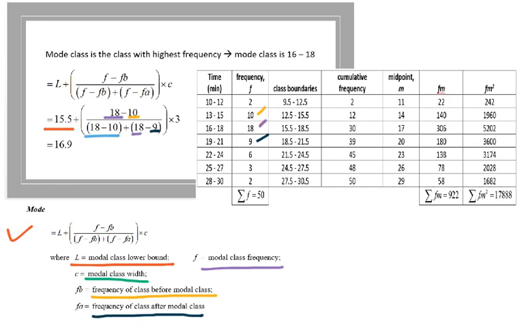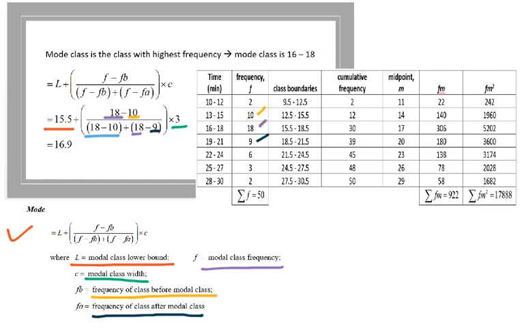You can use the limits, which is upper limit minus lower limit plus 1. For the modal class 16 to 18, 18 minus 16 plus 1, you will have 3. Or you can use the class boundaries, upper bound minus lower bound, which is 18.5 minus 15.5, so you will have 3. So this is your class width, 3, and you substitute 3.